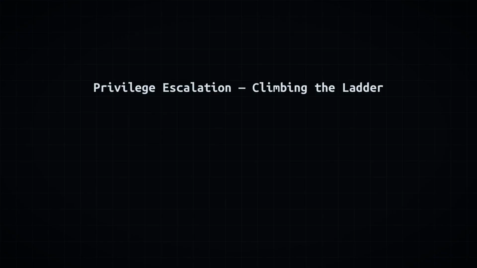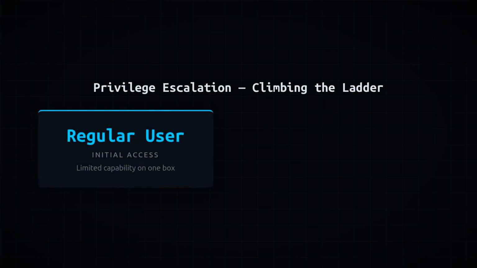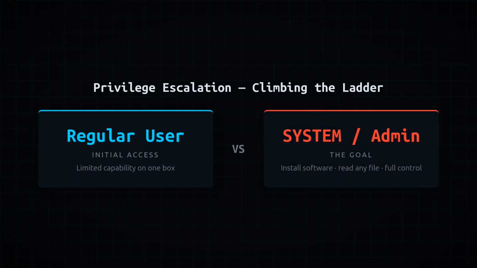Privilege escalation is what happens after initial access. An attacker who lands on a workstation as a regular user has limited capability. The goal is to escalate to administrator or SYSTEM level, which allows installing software, accessing other users' files, and controlling the machine completely.